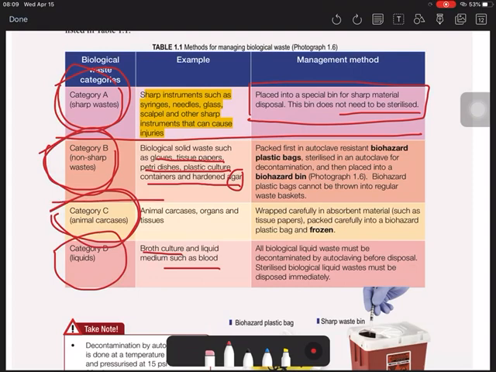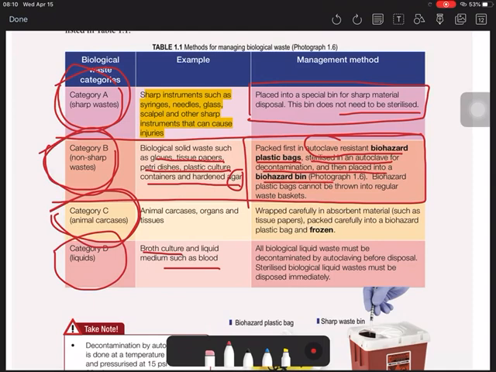For category B, they are packed first in autoclave resistant biohazard plastic bags, sterilized in an autoclave for decontamination, and then placed into a biohazard bin. Biohazard plastic bags cannot be thrown into regular waste baskets.